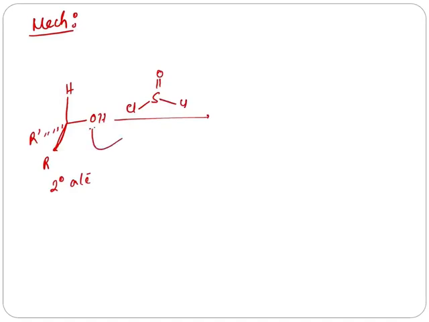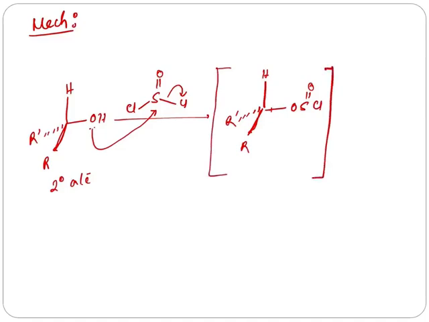Now this lone pair attacks the sulfur and expels the chloride to form this intermediate, and this is isolable.